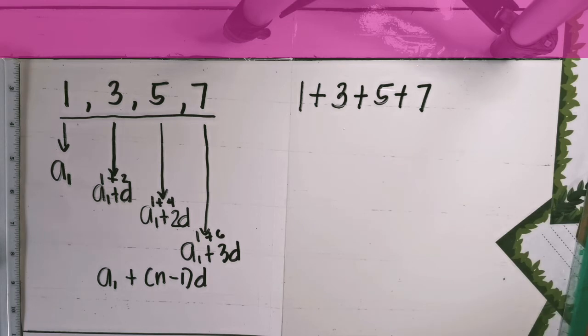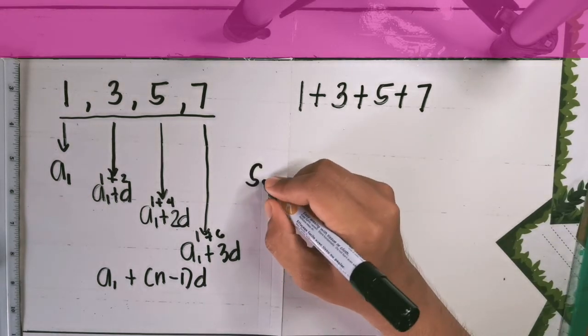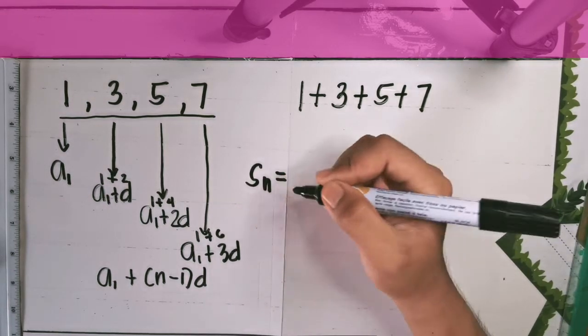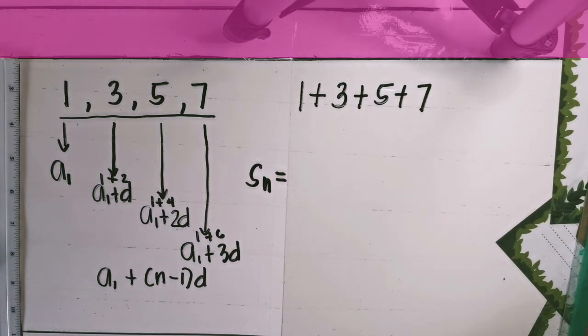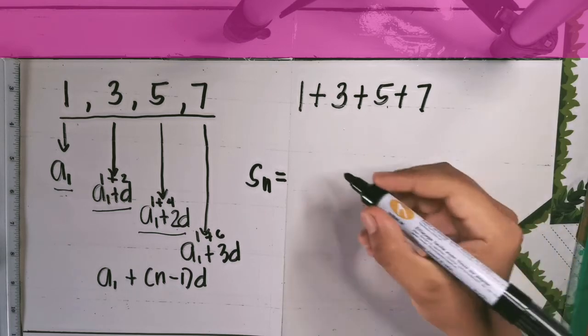How about arithmetic series? We're going to let S sub n be the representation of our arithmetic series or the sum of the terms of the sequence. To get the sum, i-add lamang natin ang mga representation.